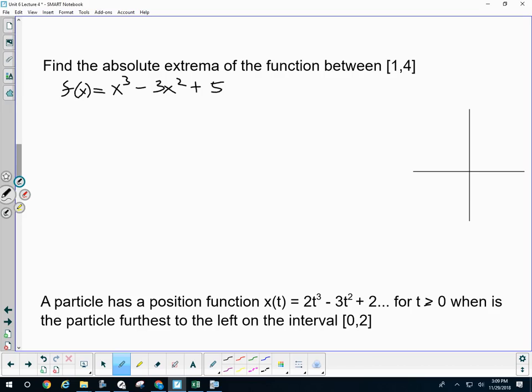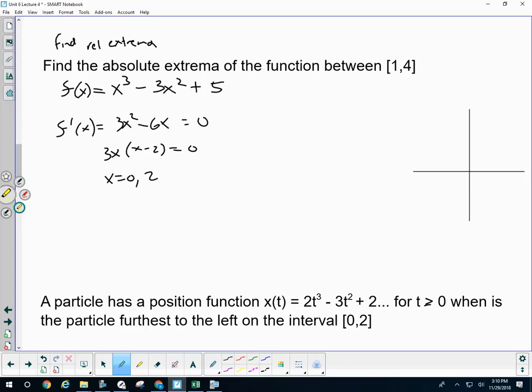Let's just find the relative extrema. F prime equals 3x squared minus 6x. We already did this. Set it equal to 0. 3x, x minus 2. I get 0 and 2.